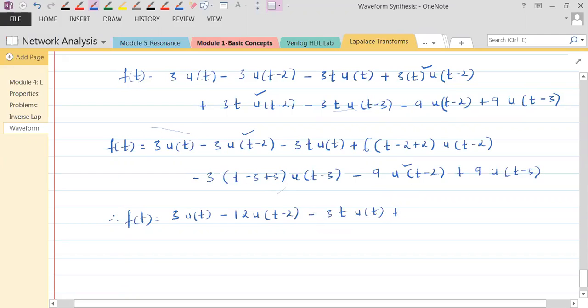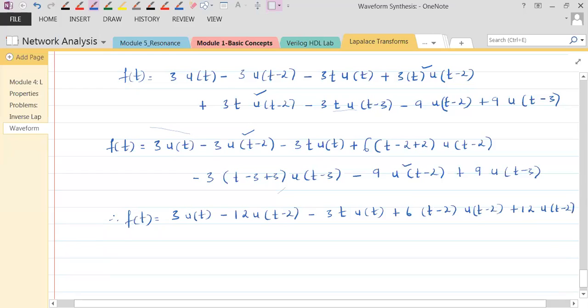Everybody just see here. It's 6 into, okay, t minus 2 into u of t minus 2. Okay, then plus 12 into u of t minus 2.